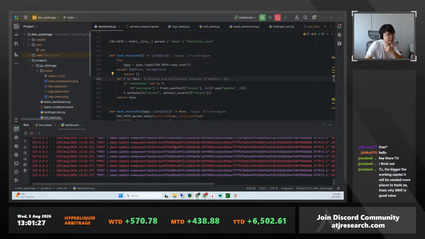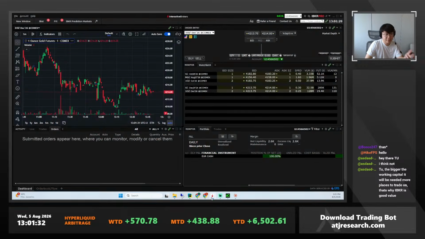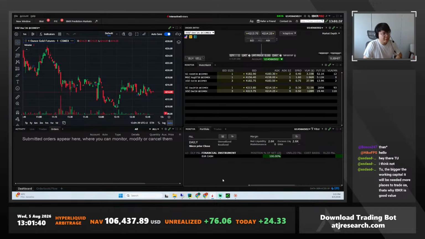Yeah, I think so. So IBKR is going to be great value because first it's diversification. So in case Hyperliquid stops working, we never know, right? In my opinion it's very unlikely, but I would probably sleep better if I have 2 or 3 strategies running that perform well. So if one stops working, I still have 1 or 2 other strategies that are working fine, right?